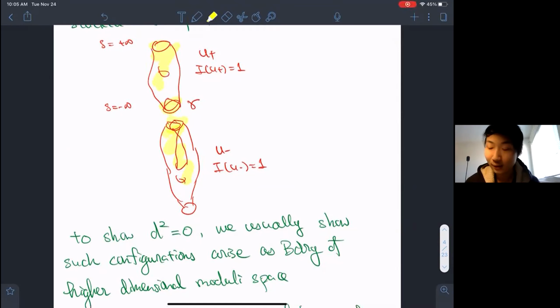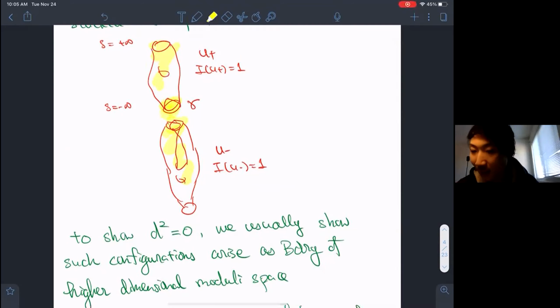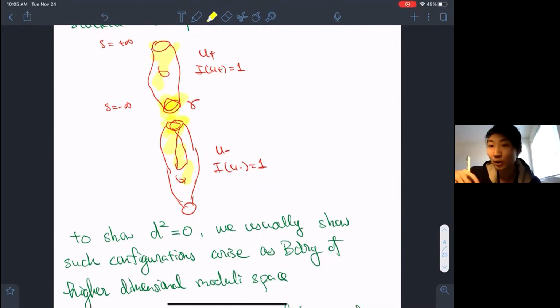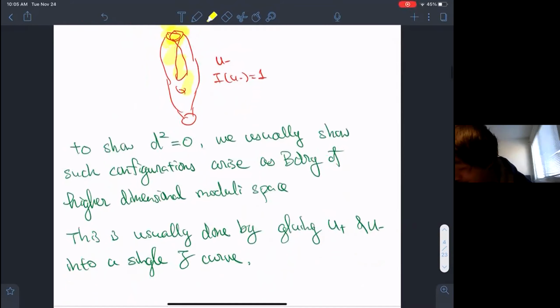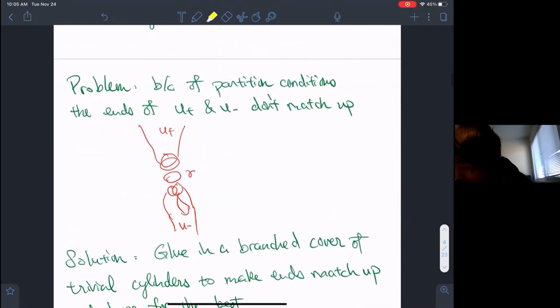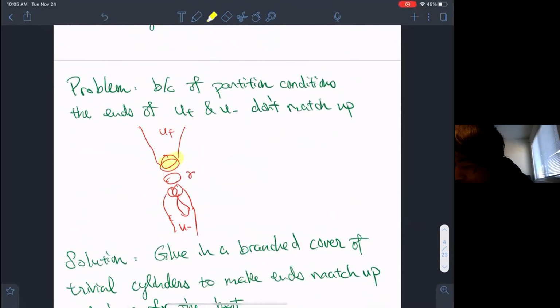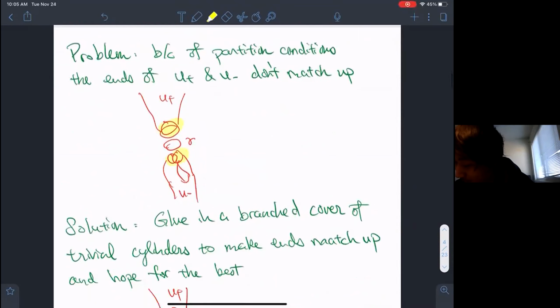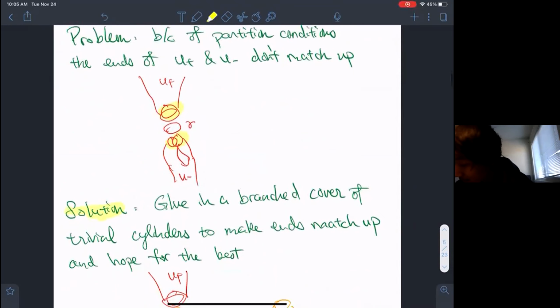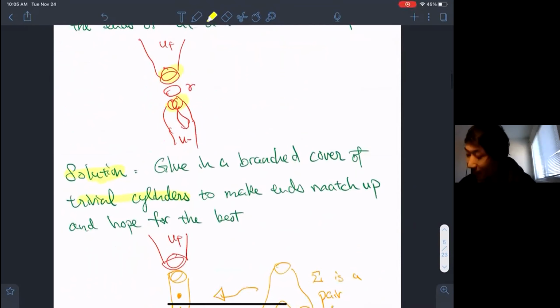But here, we can't really do that directly because this one comes in as a double cover of gamma, and this end comes in as two single covers of gamma. So the solution in this case is to glue in a branched cover of a trivial cylinder to make the ends match up.